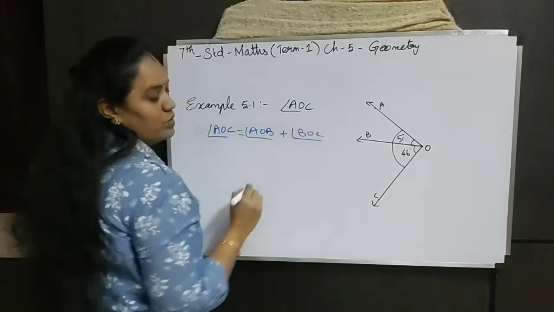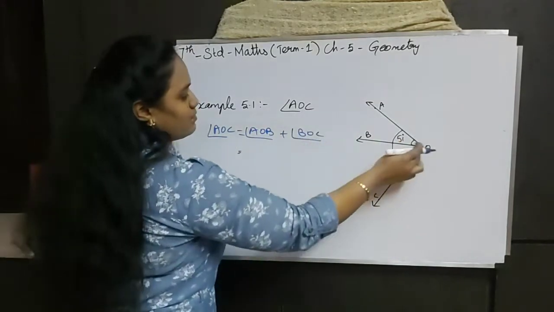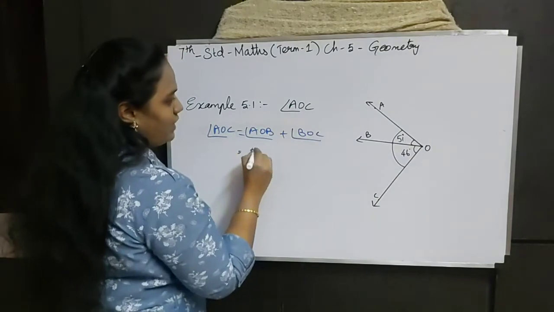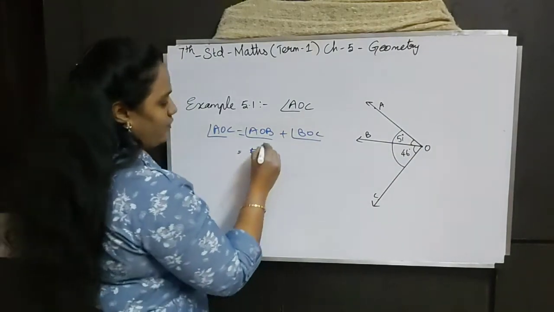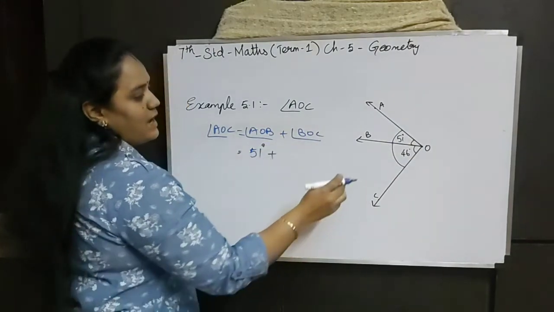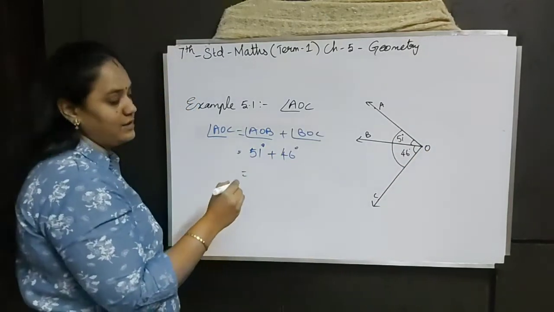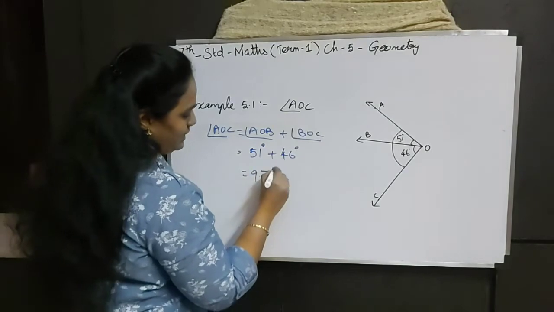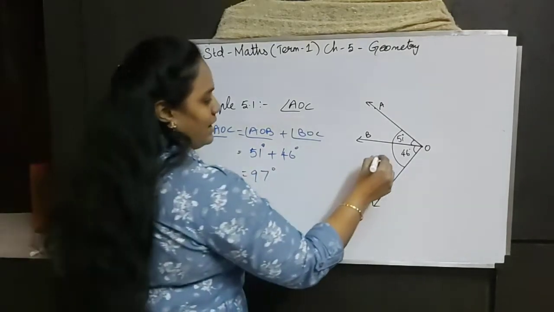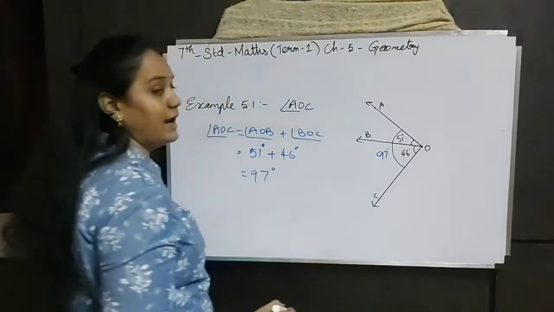Angle AOB is 51 degrees, plus angle BOC is 46 degrees. So we have to add these two. So 97 degrees is your answer. The whole angle is 97 degrees.